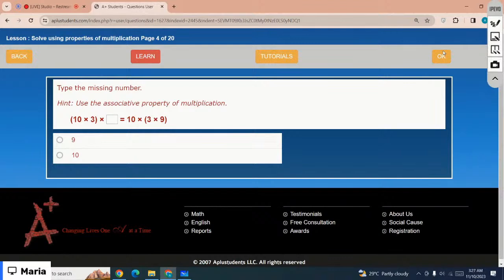Yes, the missing number is 9, right? Both sides have exactly the same number.